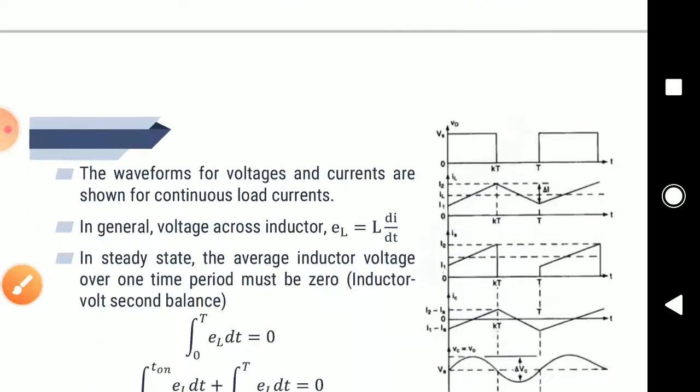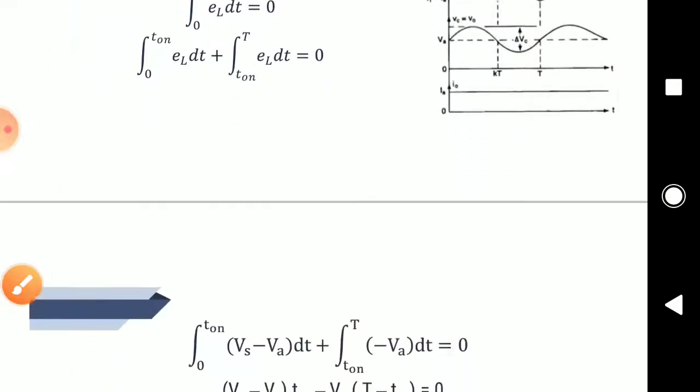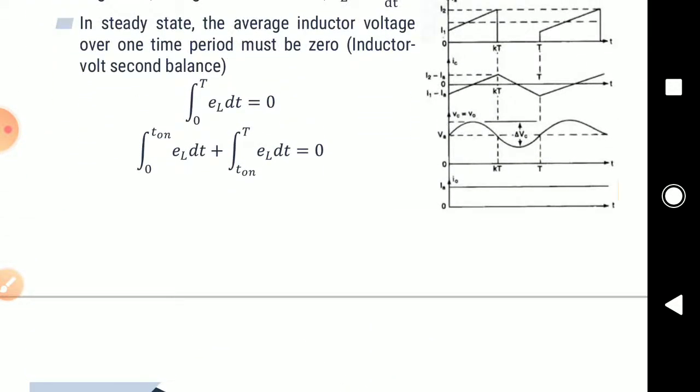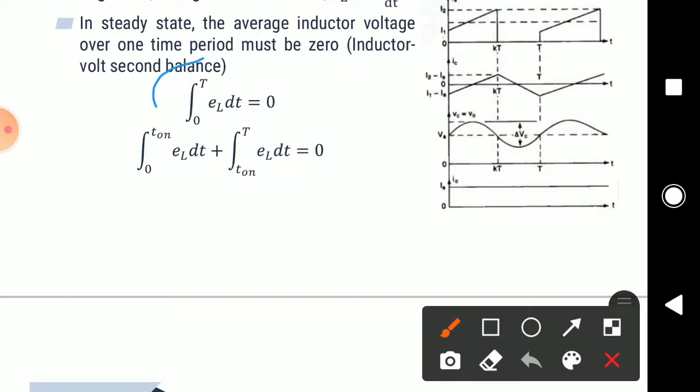Okay, so now you can just apply the volt second balance to the circuit and you will get that the integral over T of V_L dt is equal to 0.